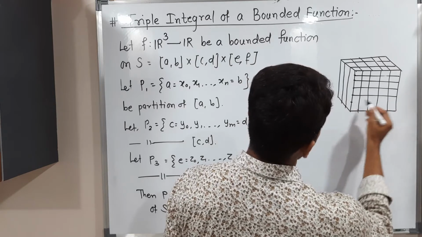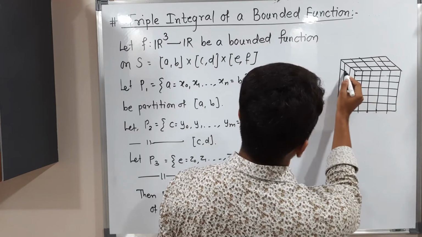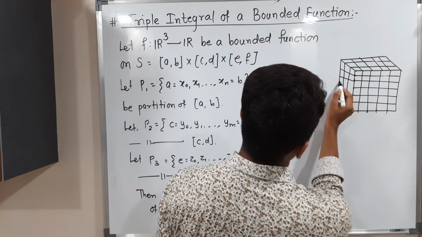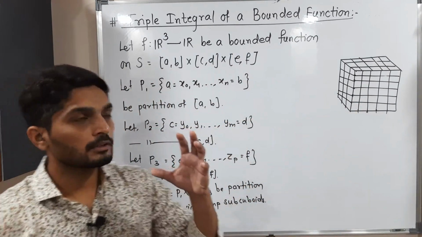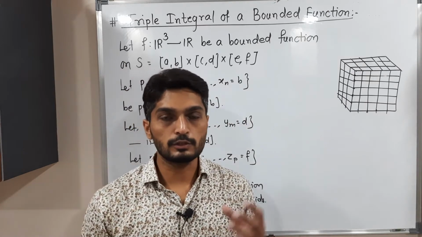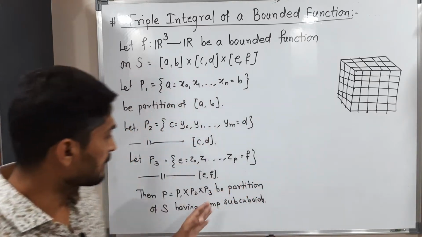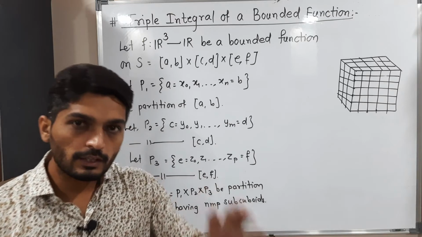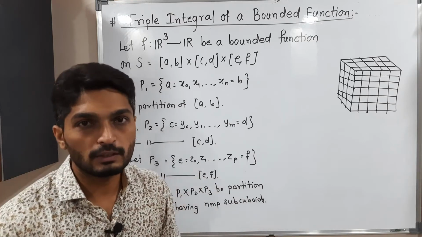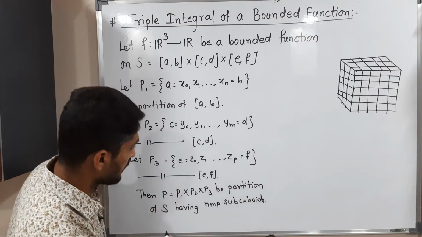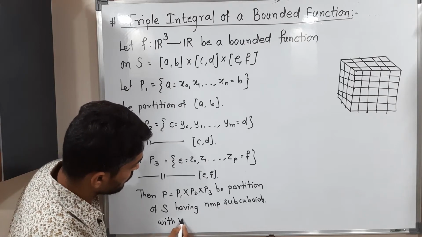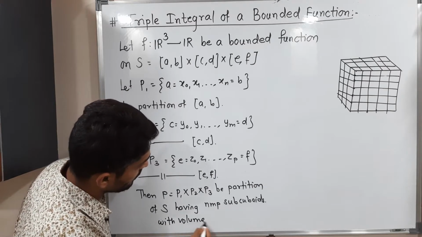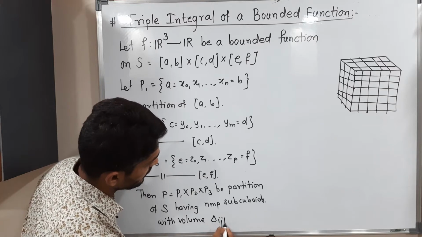So actually the main cuboid is divided into n, m and p subcuboids, and each of them has a certain volume. I will call it delta Vijk.